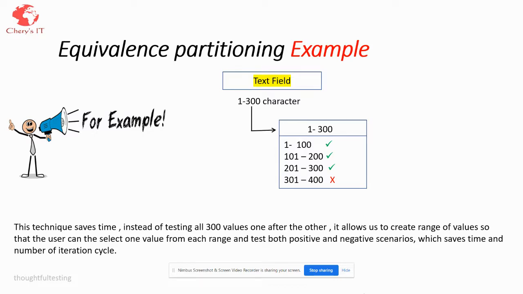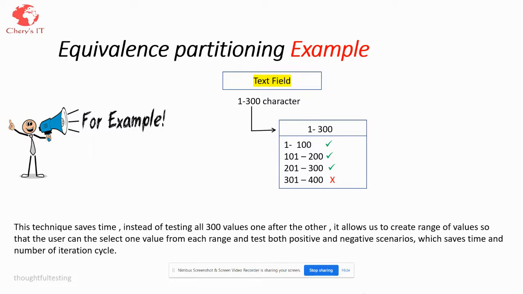So equivalence partitioning is a time-saving technique. It allows you to divide your functionality into ranges or classes, and you can pick any value within each range you have created and test the functionality, which also ensures 100% coverage. You might ask how. In the 1 to 100 range, you are testing the 1 to 100 character limit of that field.